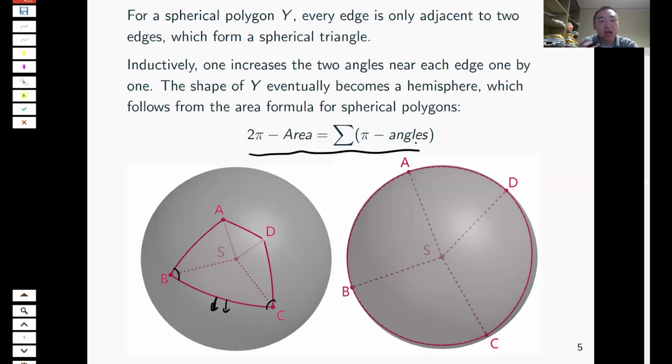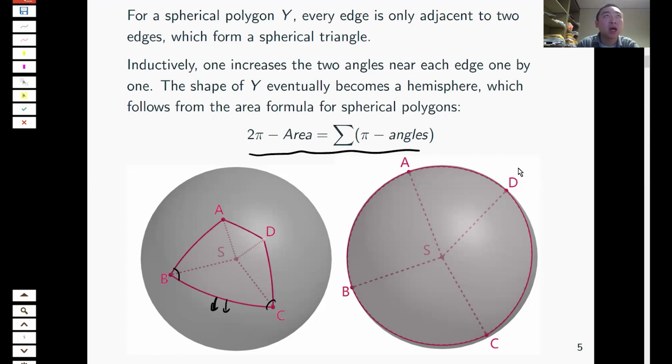It then follows from the area formula that the area becomes 2 pi, which means it's exactly the hemisphere, as indicated in the right picture. So this is one case that is doable in lower dimensions. With the 2D case, if you work on the 3D problem where the spherical link is 2D, then it's done.